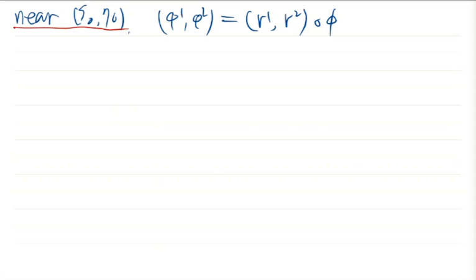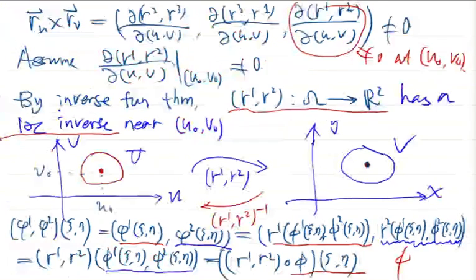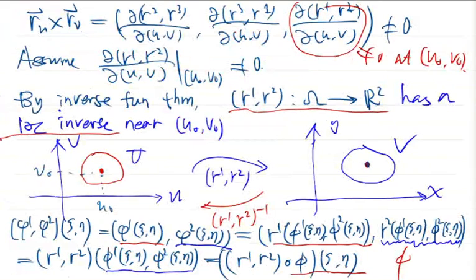For the map R1, R2, this is near U0, V0. So we can take the local inverse of R1, R2. We just use the inverse function theorem to see that R1, R2 is locally invertible near U0, V0.